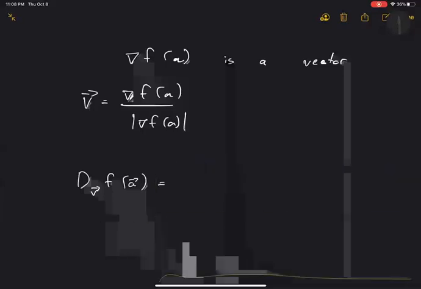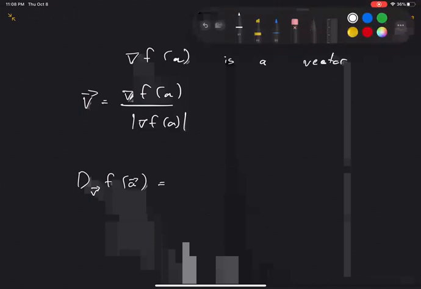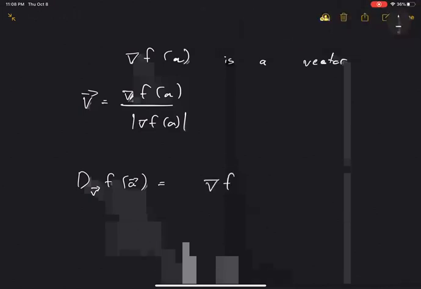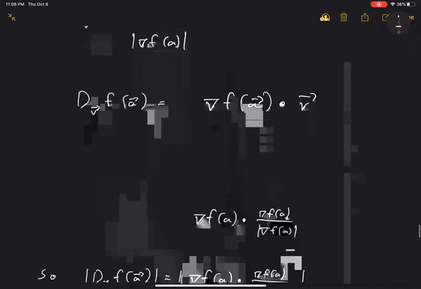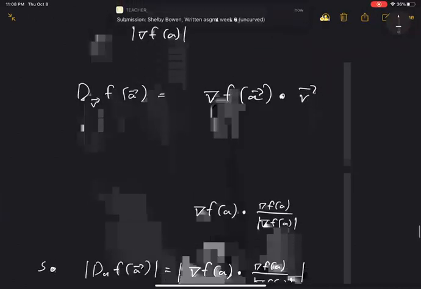Well, I know from my theorem this directional derivative is given by del f at a dot the vector v. And remember what the vector v is. The vector v is this thing. So now let's plug that back in for v.